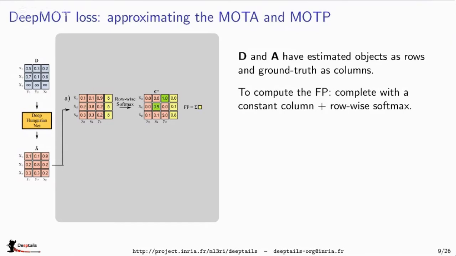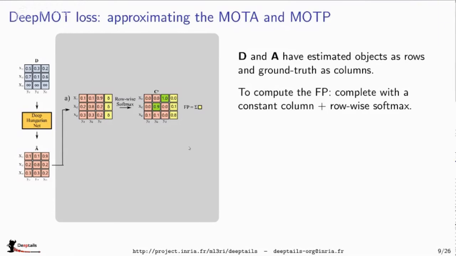When we apply softmax, what happens is that we have this 0.8 on the bottom right, and we interpret this as the probability of this estimated track being a false positive is actually 0.8. So when we sum over this yellow column here, we get the expected number of false positives at time t.